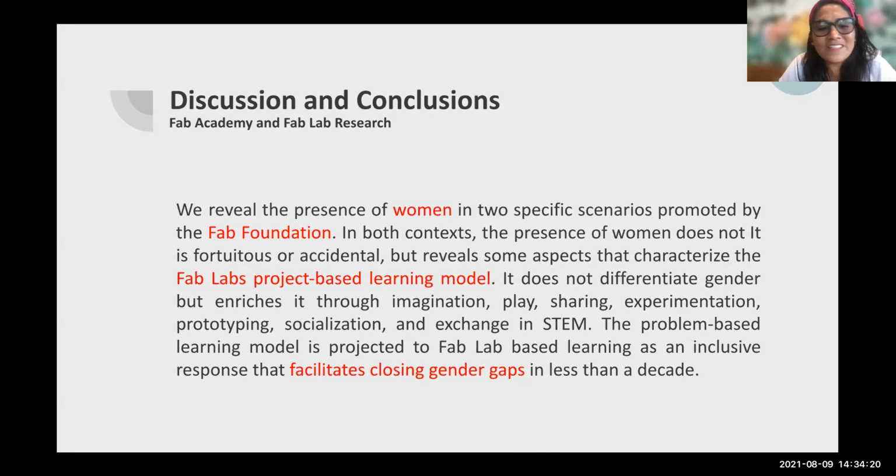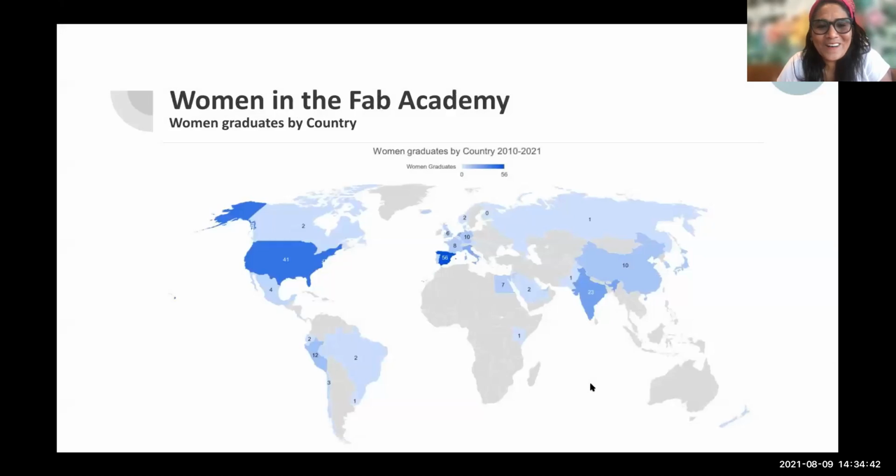It does not differentiate gender, but enriches through imagination, play, sharing, experimentation, prototyping, socialization, and exchange in STEM. The problem-based learning model is projected to Fab Lab-based learning as an inclusive response that facilitates closing gender gaps in less than a decade. This is the goal.